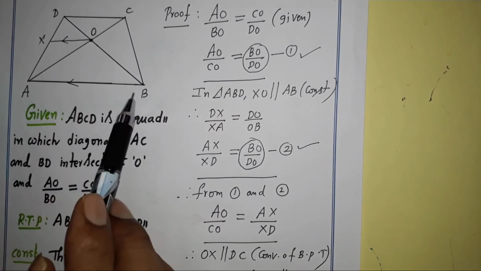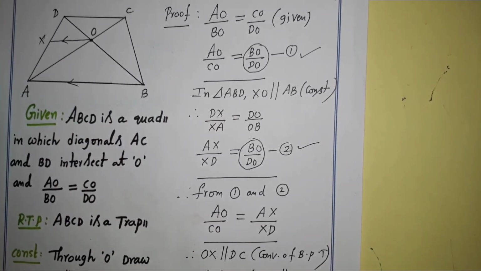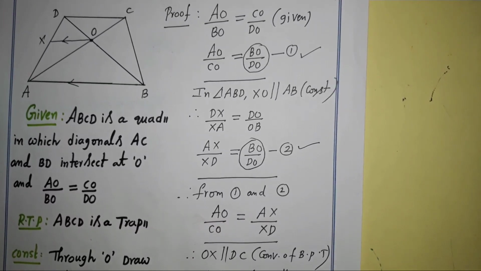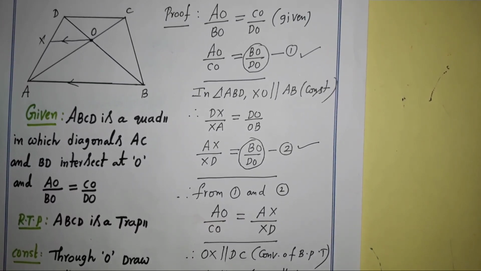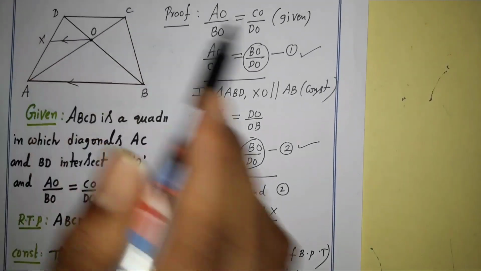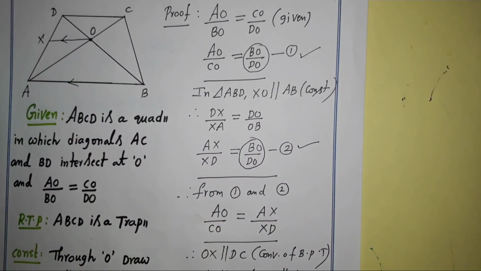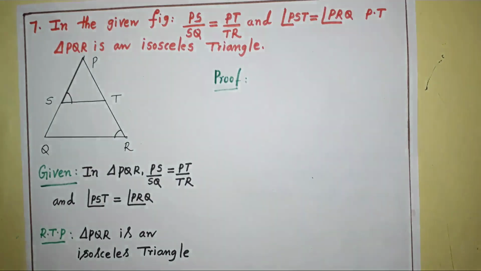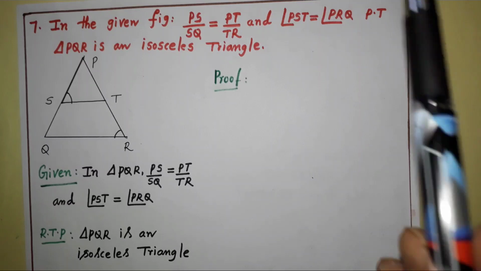So whenever you get AB parallel to DC, immediately you can say ABCD is a trapezium, because in a quadrilateral, if one pair of opposite sides are parallel, it is called a trapezium. The last rider for today's session, children.